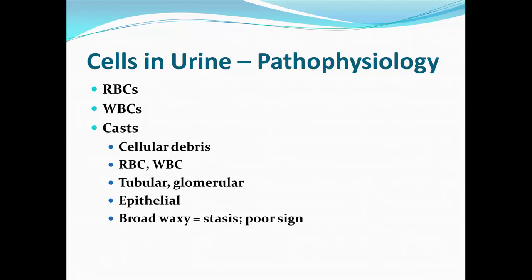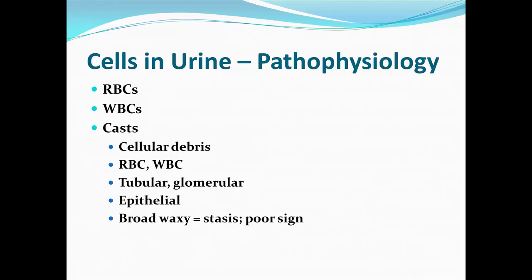Remember that the other thing that we think about in terms of the urine is how concentrated or dilute the urine might be. And we do that on a urinalysis by looking at the specific gravity. The specific gravity of water is 1, therefore very dilute. So when you look at urine specific gravity, the closer the specific gravity is to 1, the more dilute the urine is.